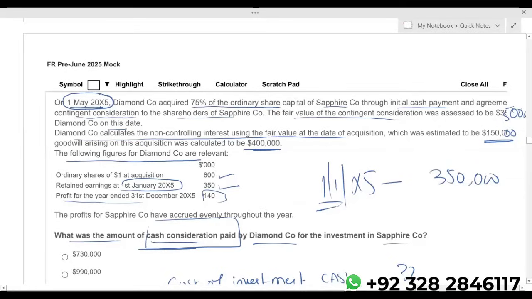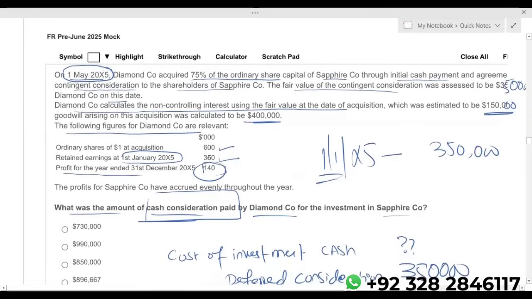Just add next 4 months profit out of this 140. 140 is the profit for the whole year. Just we are adding profit for the first 4 months: January, Feb, March, and April. So 1,40,000, 4 by 12.